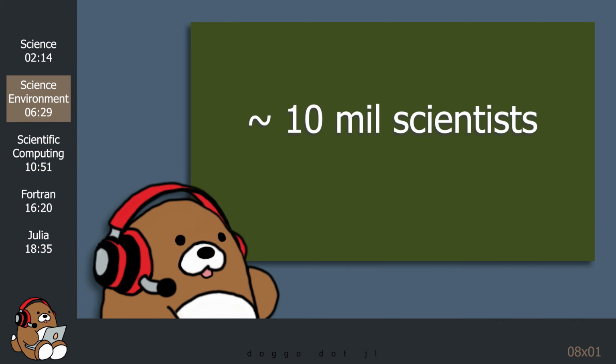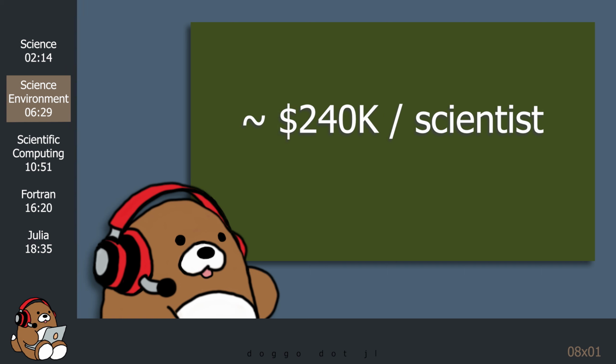Now, let's say, for the sake of argument, that there are 10 million scientists in the world, which includes both full-time and part-time researchers. Then that $2.4 trillion equates to roughly $240,000 per scientist. After you pay for wages, there isn't much money left to pay for experiments.